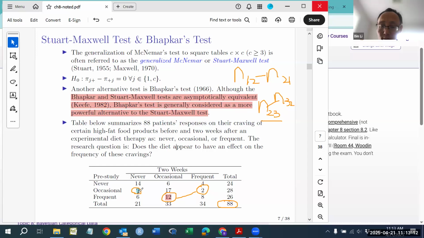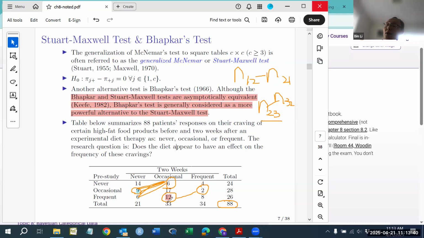But what about 9? 9 is from occasional to never. So when you do the comparison, you need to compare with from never to occasional, right? So you should compare with these. So 9 compares with 6 and 12 compares with 2. And you can see which one is more significant. Of course, it's 12.